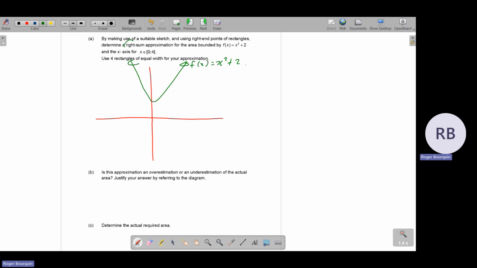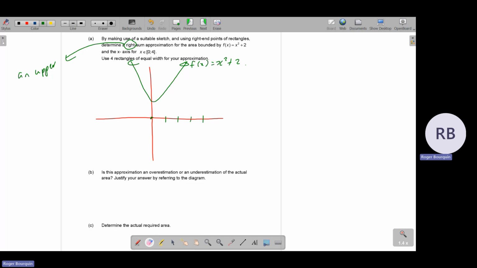It can also be called an upper sum. Please don't joke when I'm talking. So a right sum can also be called an upper sum approximation. They want a right sum approximation between x is equal to 0 and 4. So we've got 0, 1, 2, 3, 4.